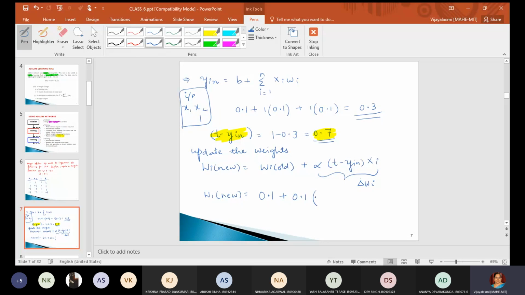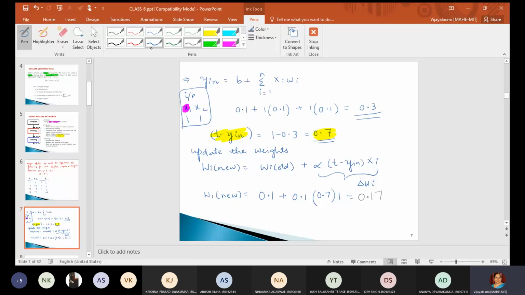So this is into 0.7, and my x1 is 1. If you substitute, how much do you get? 0.1 plus 0.07, so this is equal to 0.17.